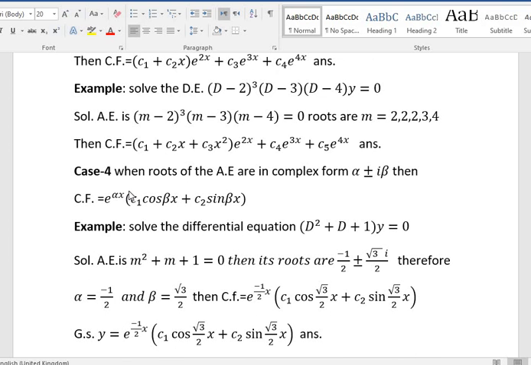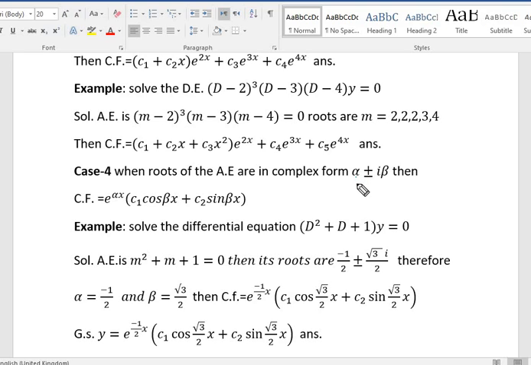Case number 4: when the roots of the auxiliary equation are in complex form, that means alpha plus minus i beta, then the complementary function will be e power alpha x into (c1 cosine of beta x plus c2 sine of beta x).